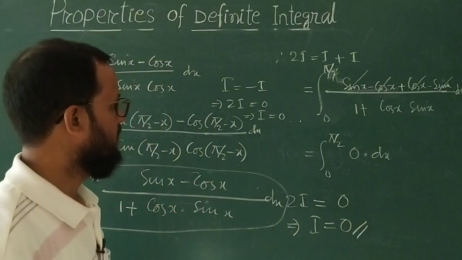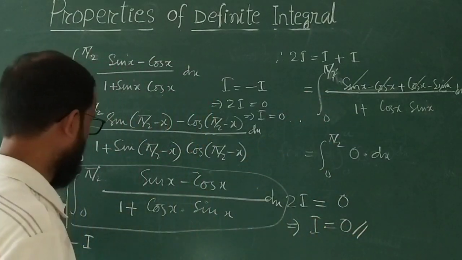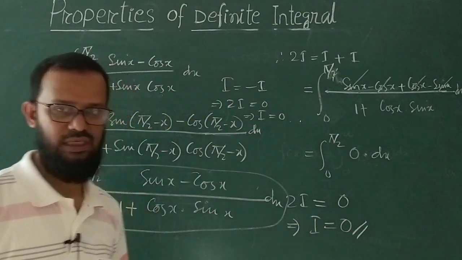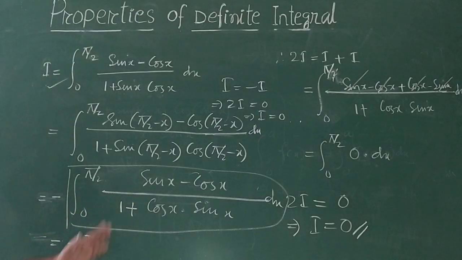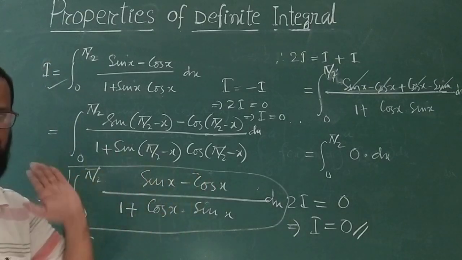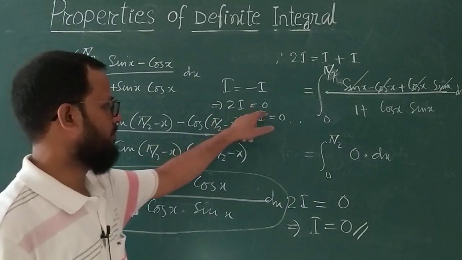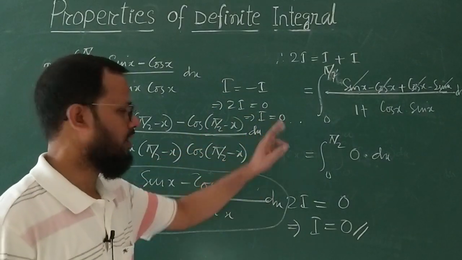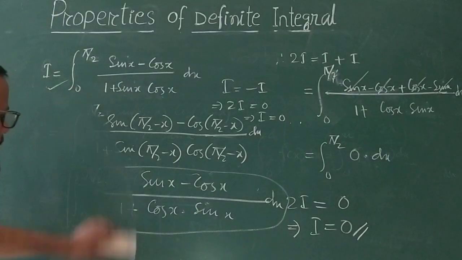Both methods give 0. Here I am taking minus common to make this integral the same as I, and finally it becomes minus I, so I equal to minus I, twice I equal to 0, and therefore I equal to 0. Thank you. So this way you can solve the integral.